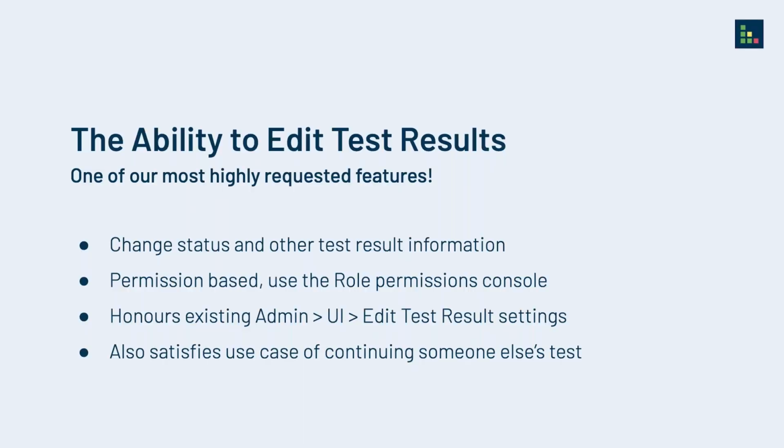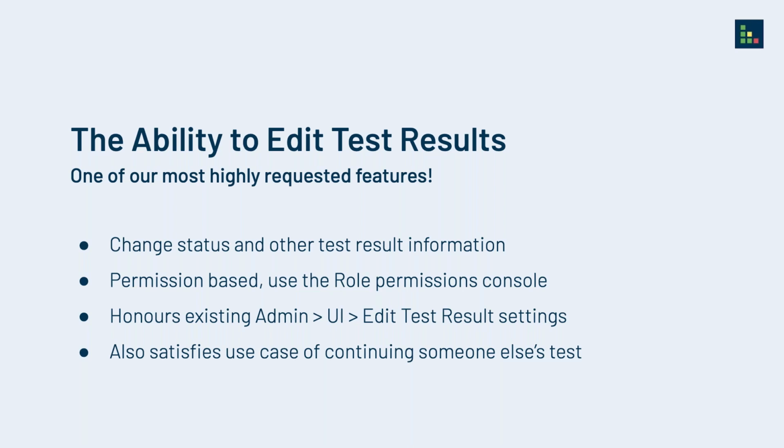All right, so getting straight into things, we're going to kick off the webinar with the enhancements to our edit test results functionality. So this was very much a community-led change, with the capability to be able to modify your test results in TestRail being one of our very most highly requested features.